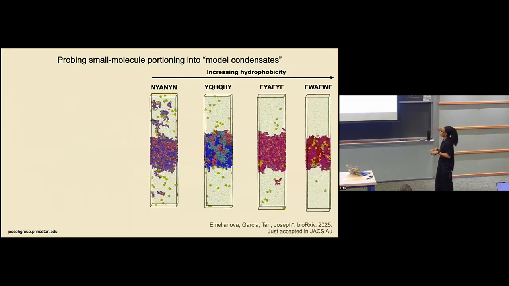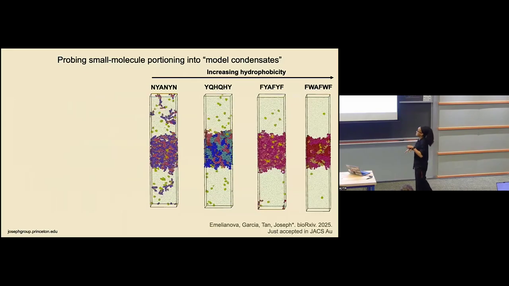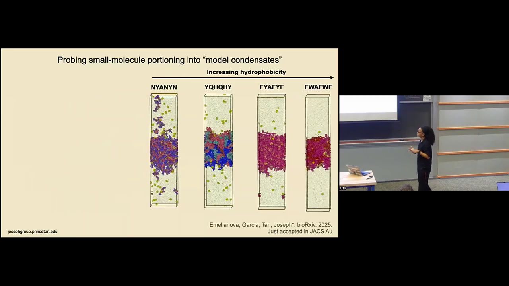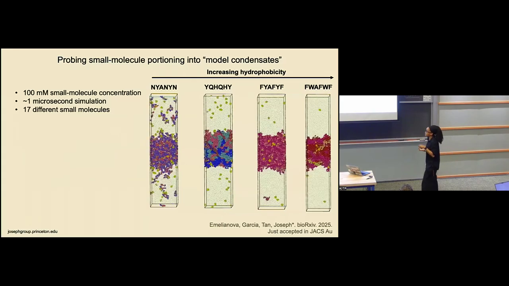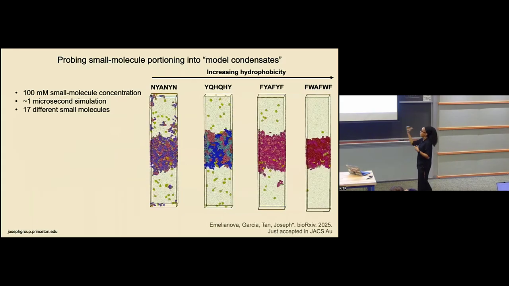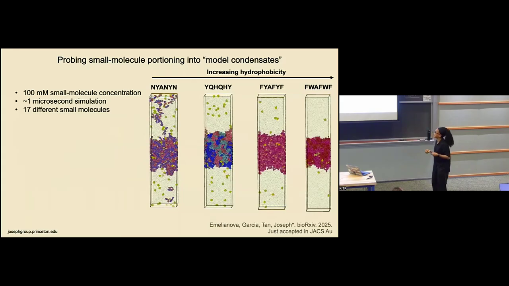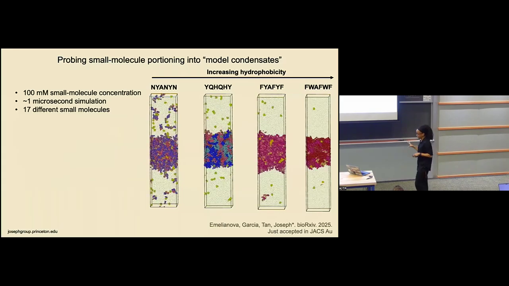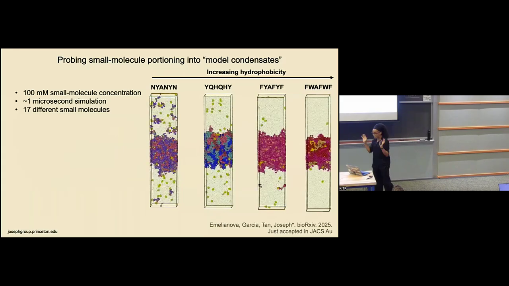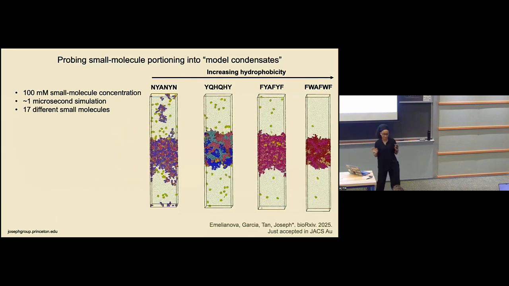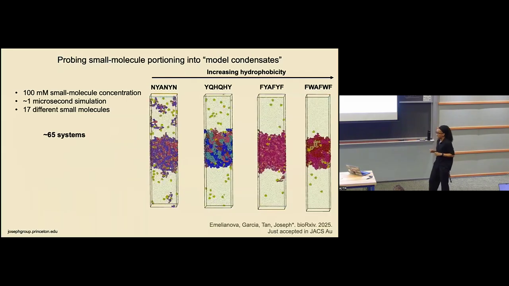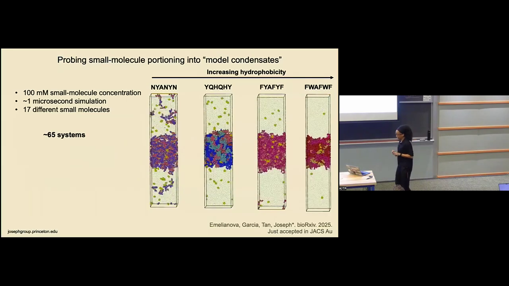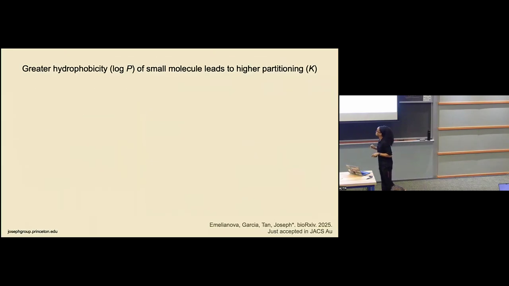And what we're going to do is take the systems and add our small molecules to them, where in each system we're going to add one of the 7 different small molecules that we have identified. And from these model condensate systems, we want to see what we can learn. So in total, we have roughly about 65 systems that we're looking at. And so what can we learn?